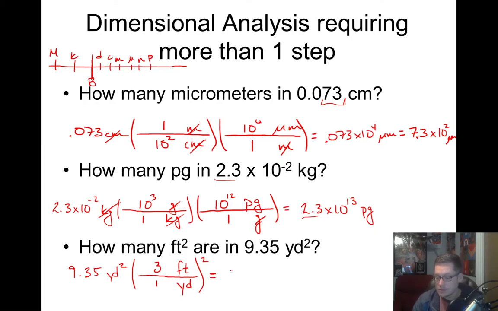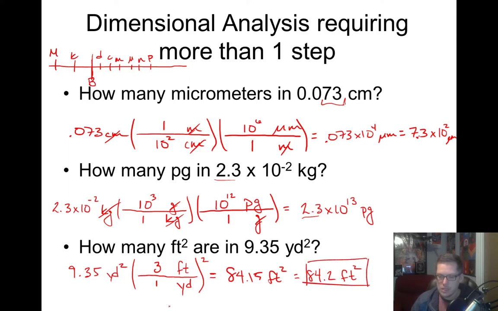So this becomes 84.15 feet squared. However, this guy has 3 sig figs, so our answer only needs 3, so this would become 84.2 feet squared. There's your answer for that one.